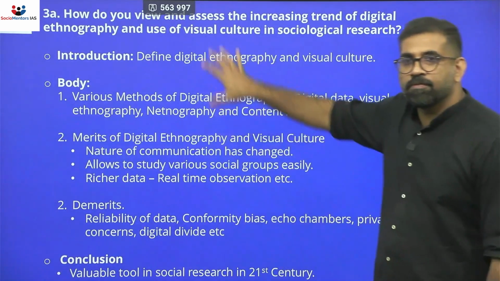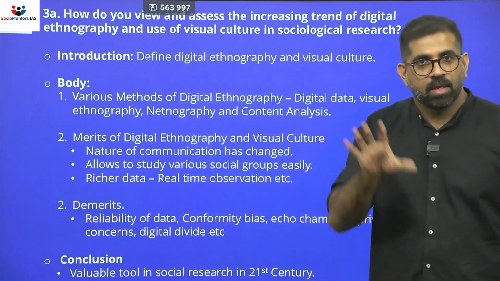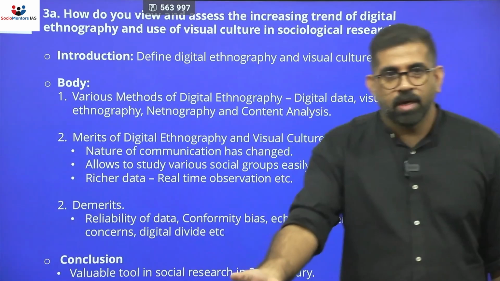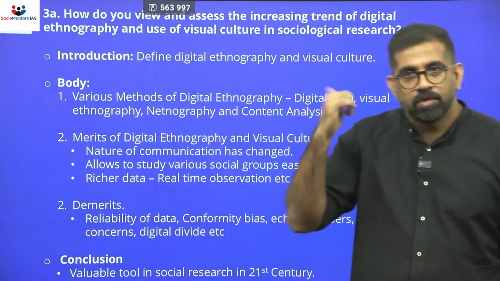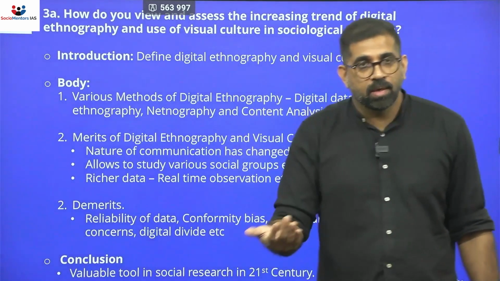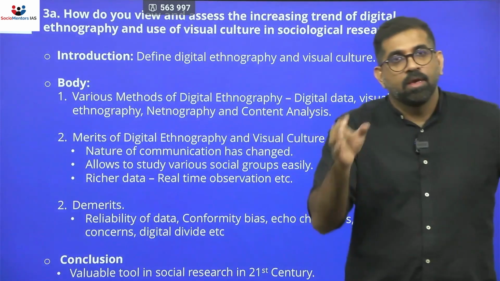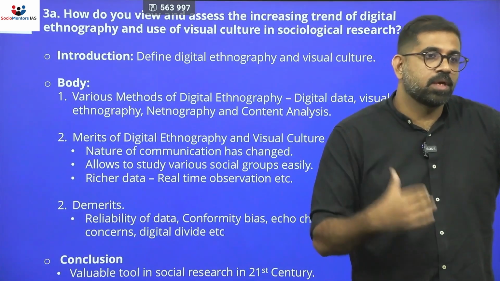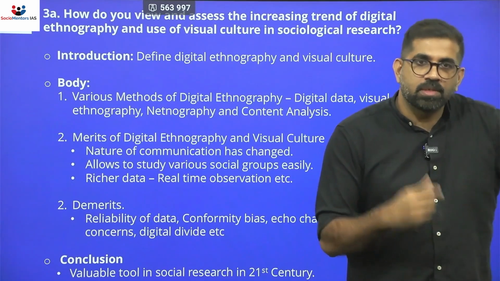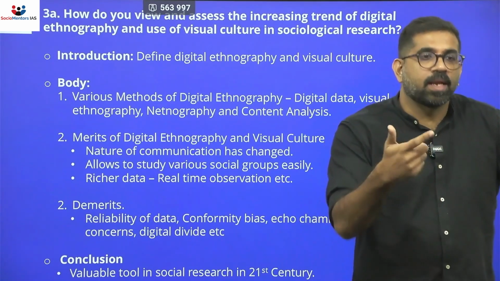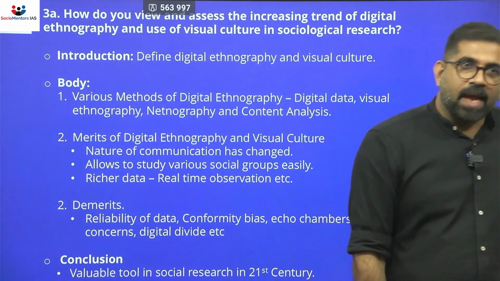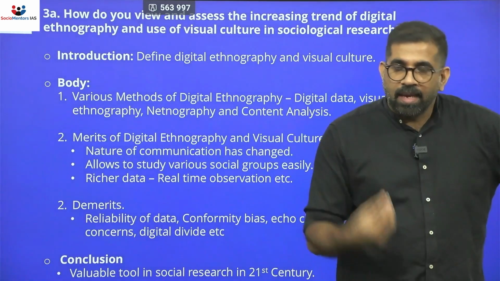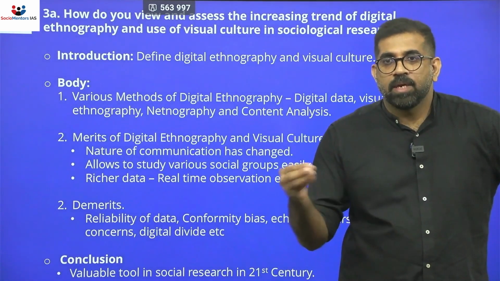Now, digital ethnography and visual culture is nothing but collecting data from the social media, from the digital space, and visual culture means also understanding and analyzing various images, representations, memes, videos, etc. used in the digital space, which is actually used as a mode of interaction. So by understanding these, we will be able to understand the meanings attached by different social groups.